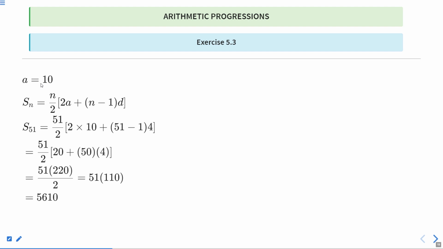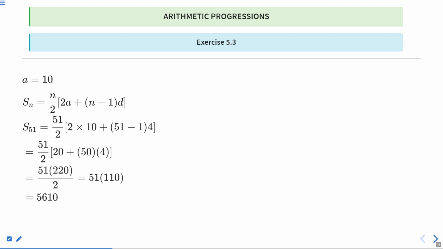And we know that the sum of first n terms Sn is equal to n by 2 times 2a plus n minus 1 times d. Okay, and S51, the sum of first 51 terms, is equal to 51 by 2 times 2 times 10 plus 51 minus 1 times 4.